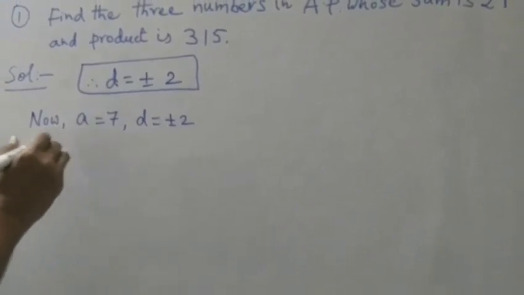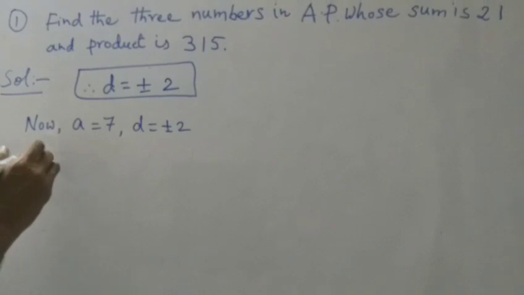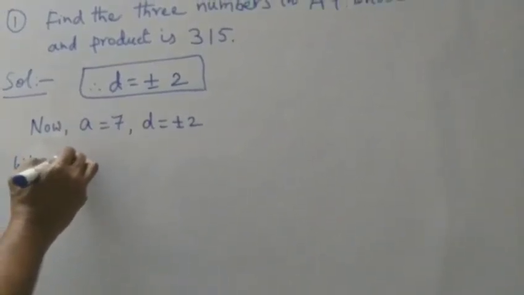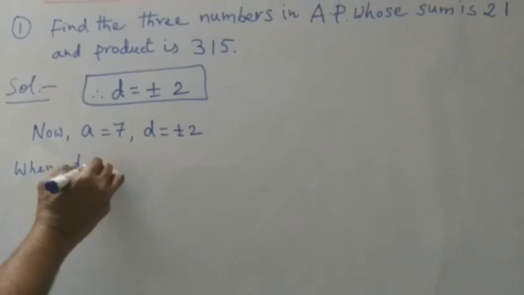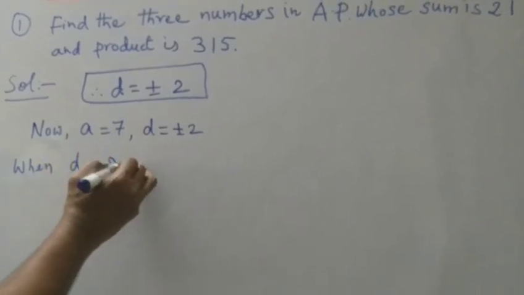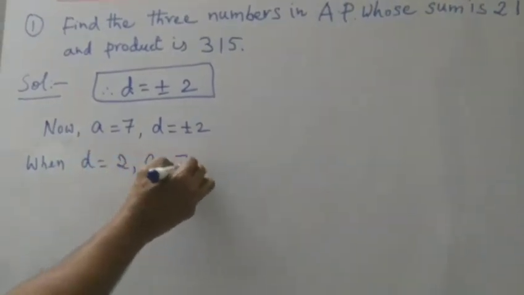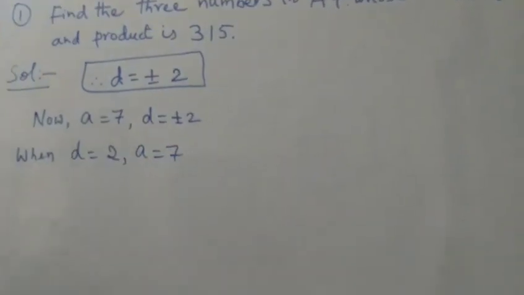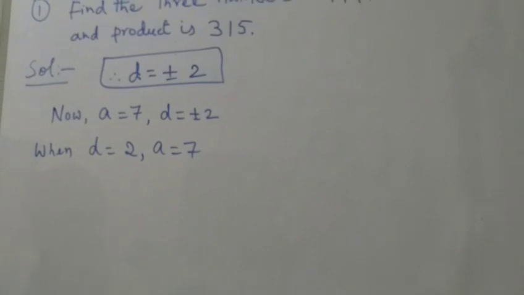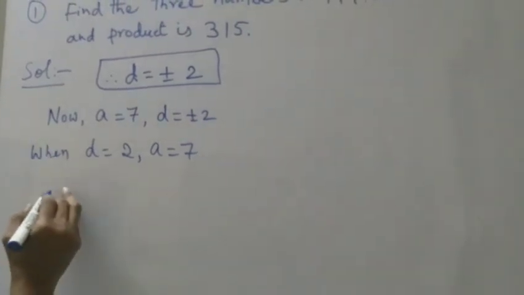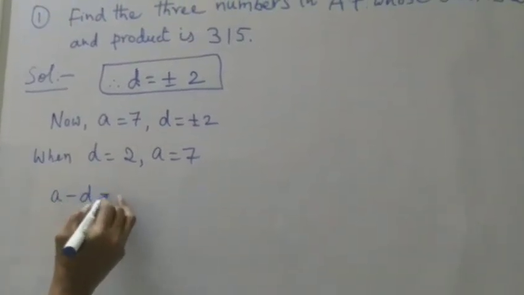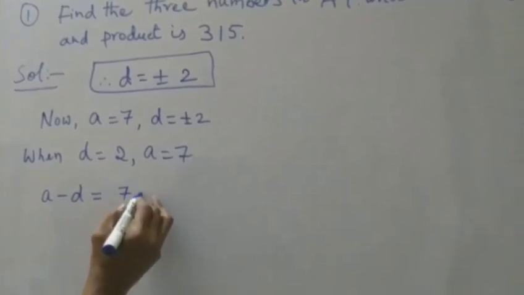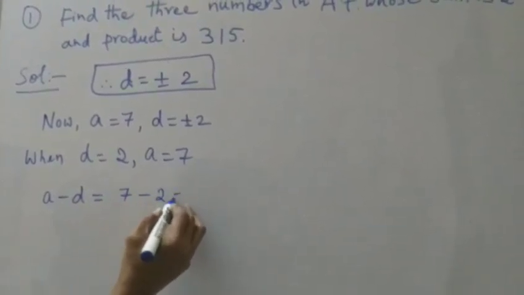In the first case, when d is equal to plus 2 and a is equal to 7, the terms are a minus d, which is 7 minus 2, is equal to 5.